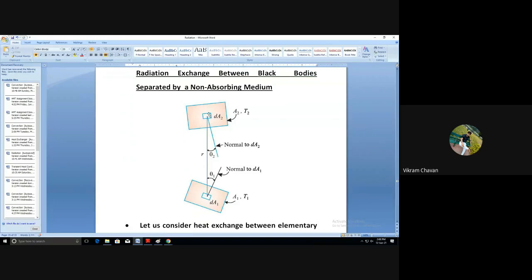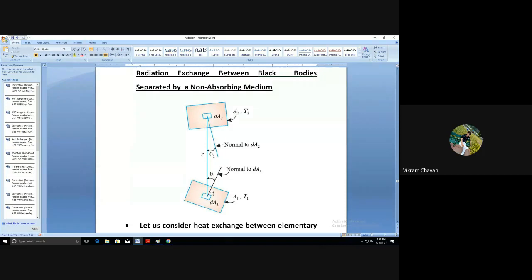Now we have drawn the normals to these elementary areas. Normal means the perpendicular at the center.